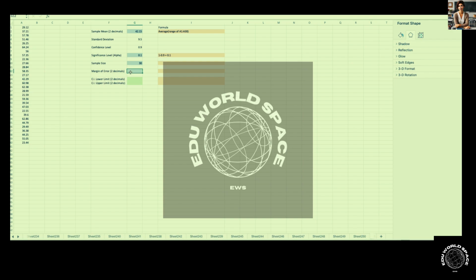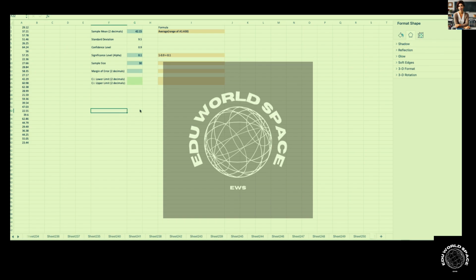And to calculate your margin of error, you're going to have to calculate what your t-score is. So to calculate your t-score, you have to look at your t-chart, and you also have to calculate your probability.